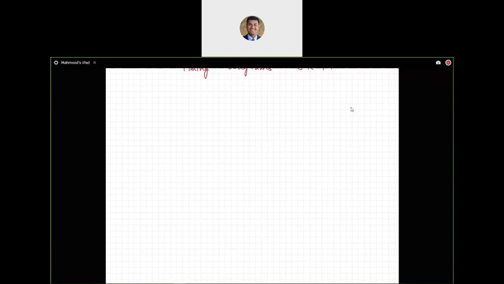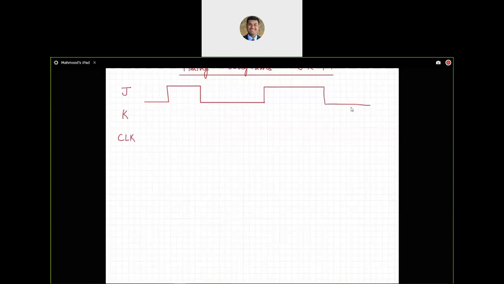So to go through this, I will consider an arbitrary waveform for J, K, and clock. So let's say I have J to be 0, 1, go a little bit more. So I've arbitrarily sketched a J waveform going from 0 to 1 and 1 to 0 and so on.